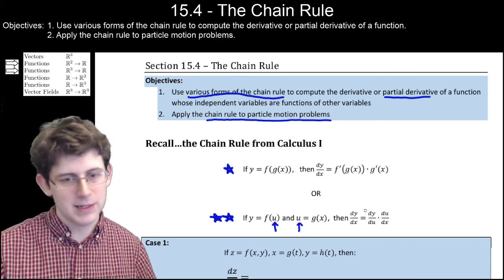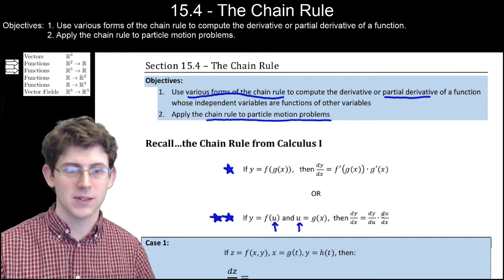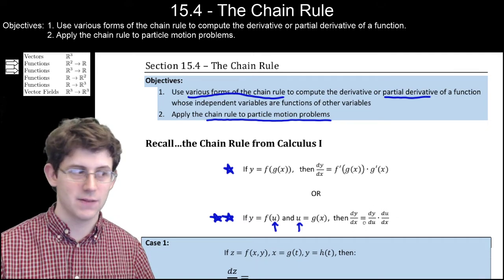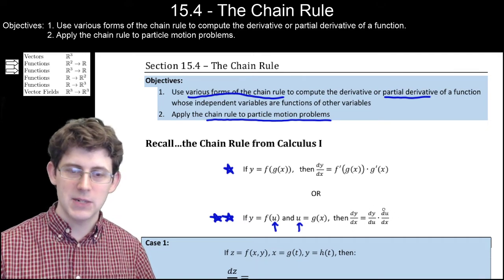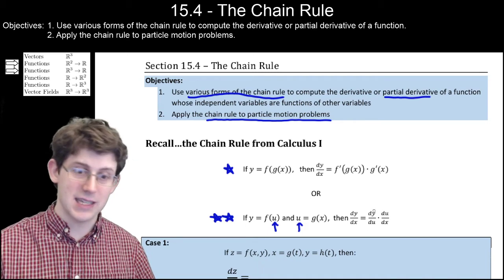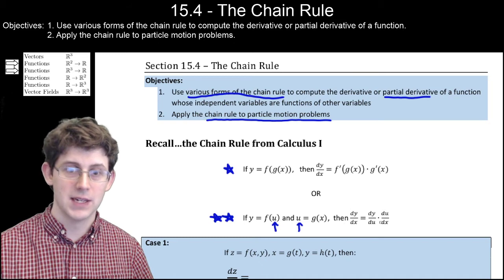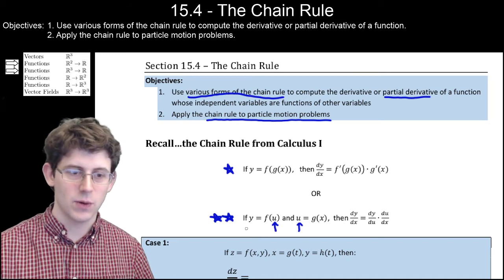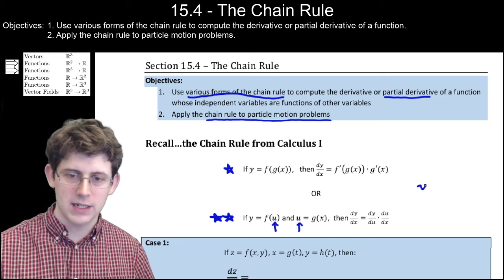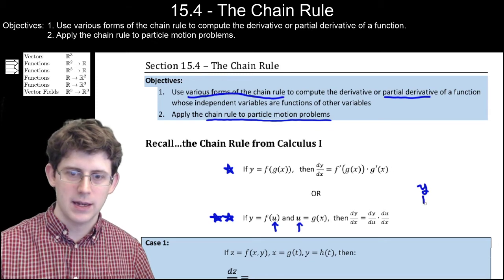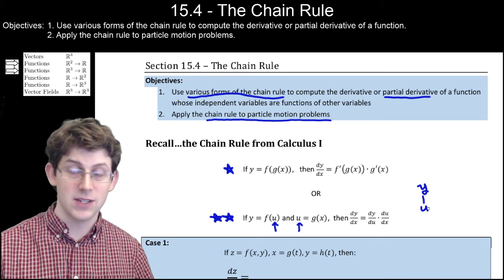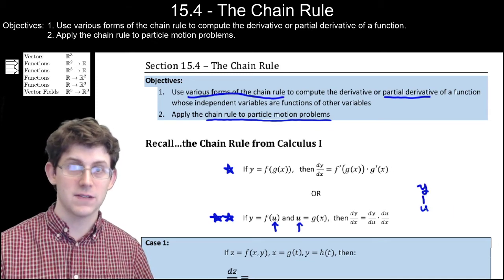You probably saw this at least once in your Calculus 1 or 2 classes, this way of writing the chain rule. Let me show you the schematic diagram that we'll use to build this kind of formula. In this situation where y depends on u, you'd put y on top and put a vertical line down to u, meaning y is a function of u.